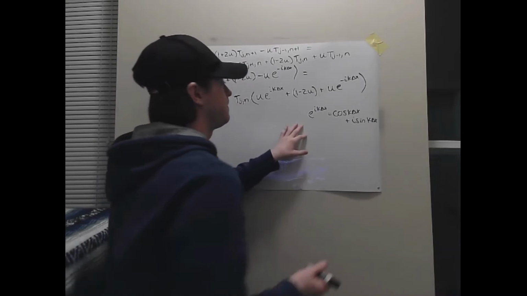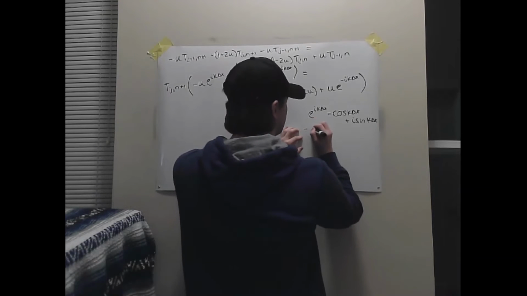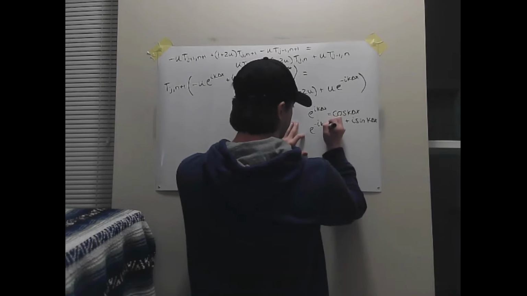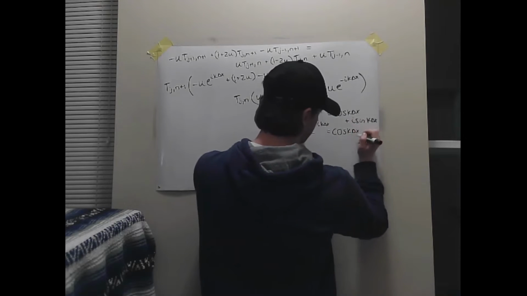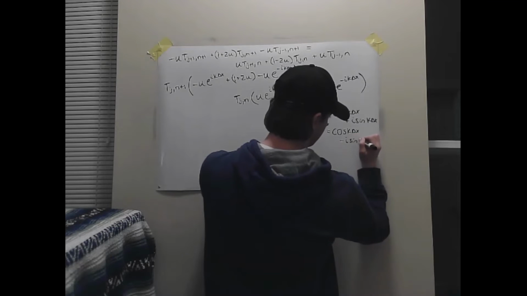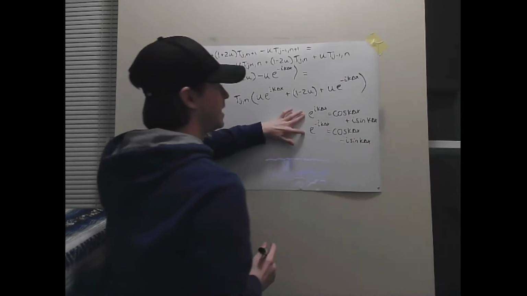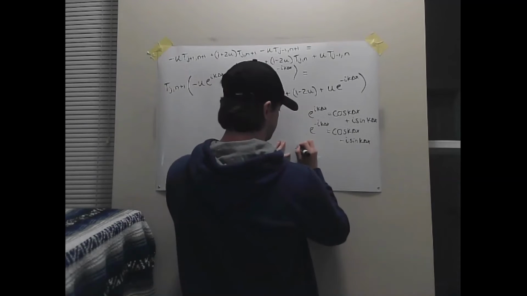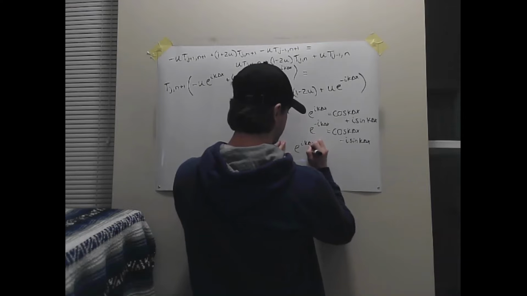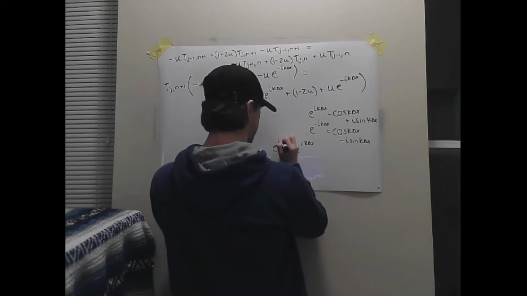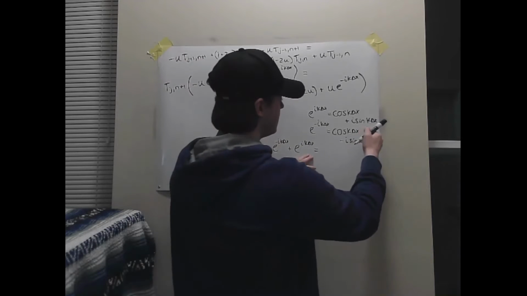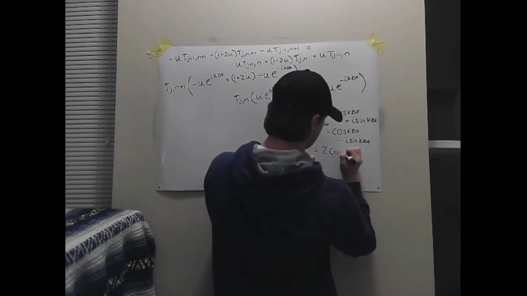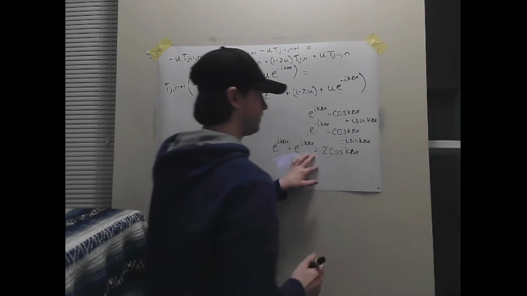And we also have e to the negative i k delta x, which, the cosine does not change, but then it becomes minus i sine of k delta x. And when we add these two values together, the i times sine will cancel out, and we'll just be left with 2 cosine of k delta x.